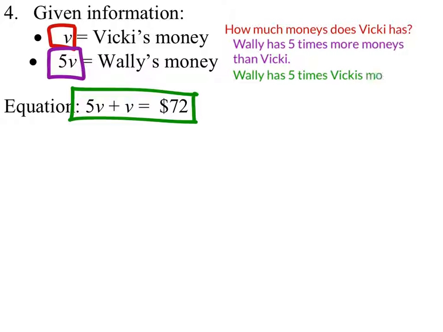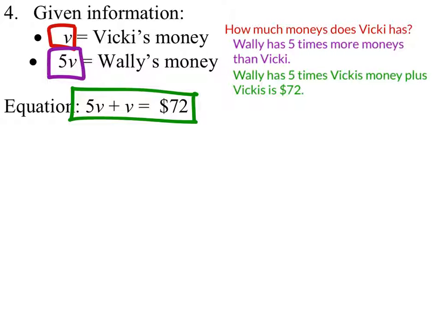Vicky's money plus Vicky's is 72? Yeah, 72 bucks. Yeah, that would work. That seems to describe the equation to me. Perhaps you said together they have $72, or the sum of their money is 72 bucks. Something to that effect would work as well.